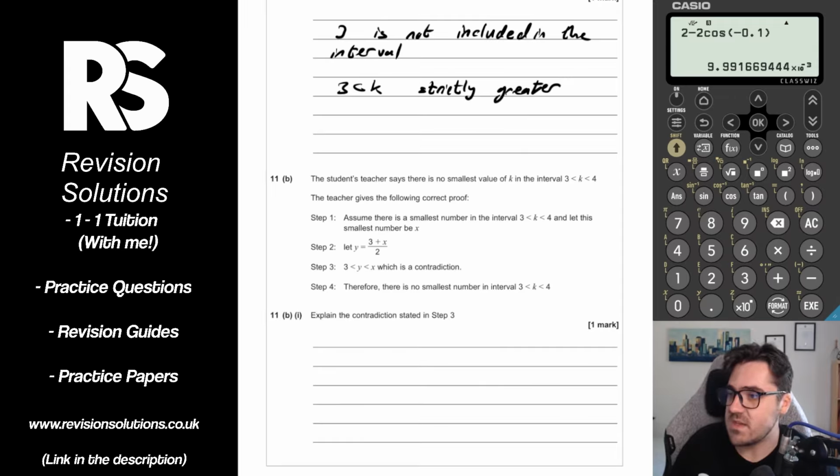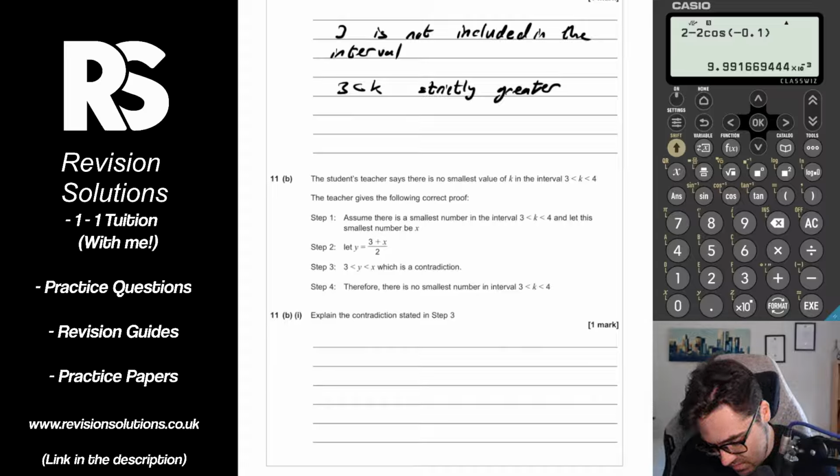But that doesn't make sense, right? Because x was the smallest value supposedly, but we just said there's a midpoint between the x value and the lower bound. So that is the contradiction they're asking us to explain. So if 3 is less than y but less than x, then x is not the lowest value.